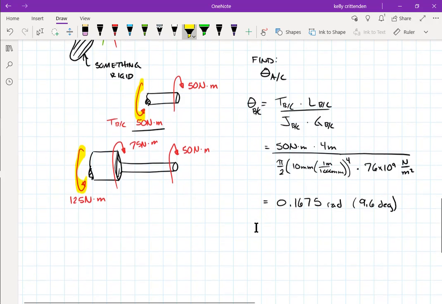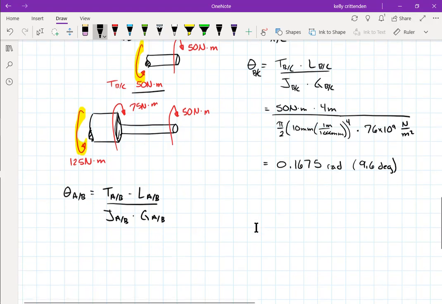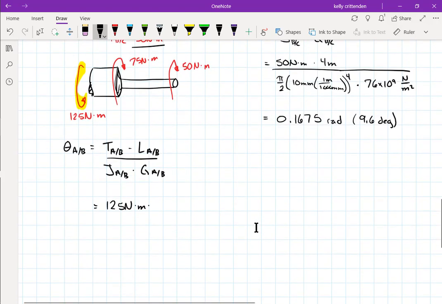All right, so the angle of twist, this would be from section AB, from point A to point B, and the torque is going to be the torque in that section, the length of that section, the polar moment of inertia of that section, and modulus of rigidity for that section. So the torque in there we just found was the 125 Newton meters. The length, I'm pretty sure it was 3 meters, yes.